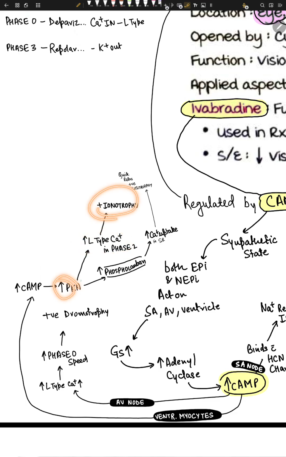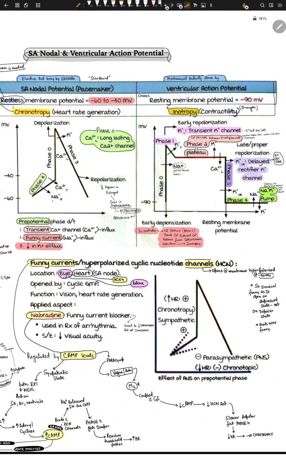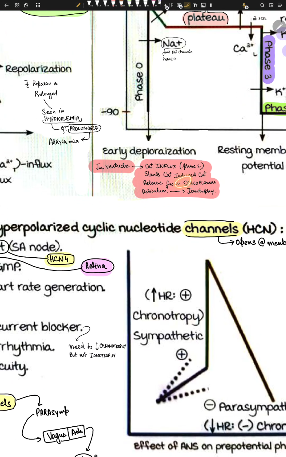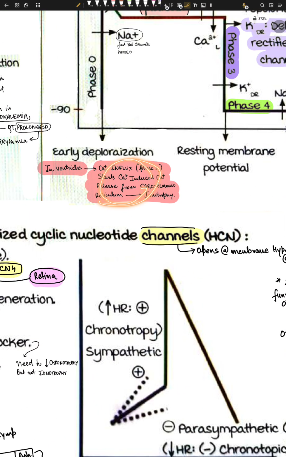Another thing that increased protein kinase A does is that it increases something called phospholamban. Now, once the phospholamban is increased, we have more calcium uptake in the SR, that is the sarcoplasmic reticulum. It's these stores of calcium, right? So these stores can release calcium and they can take back the calcium.